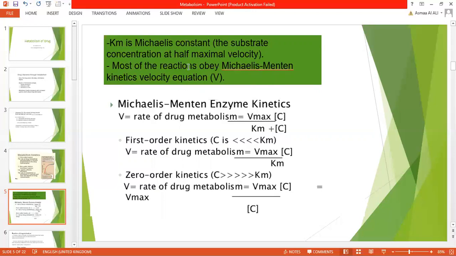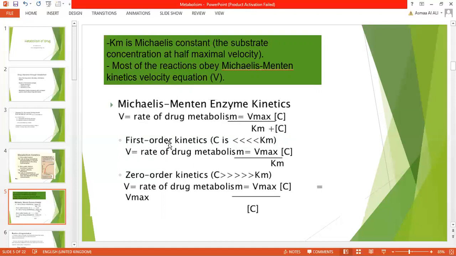This equation refers to the metabolism of drugs through first order kinetics and zero order kinetics. In this equation, V, the rate of drug metabolism, equals Vmax times the concentration of drug divided by the Michaelis constant plus the concentration of drug.